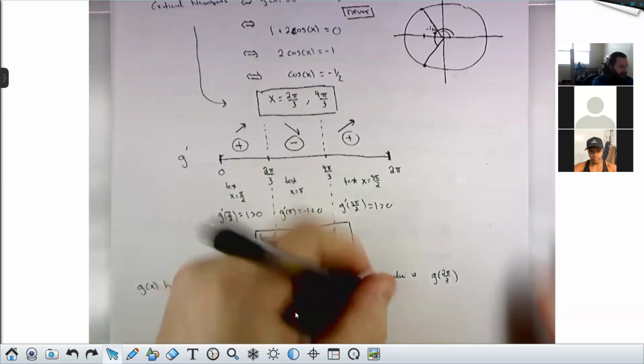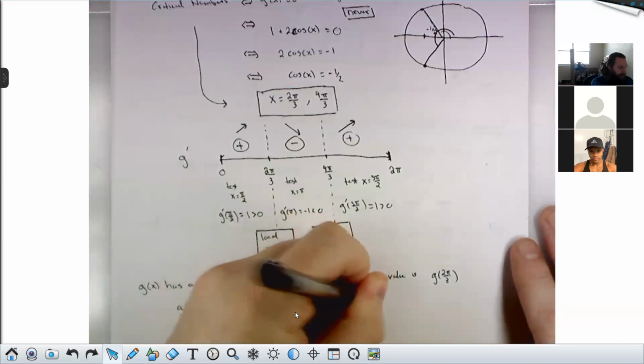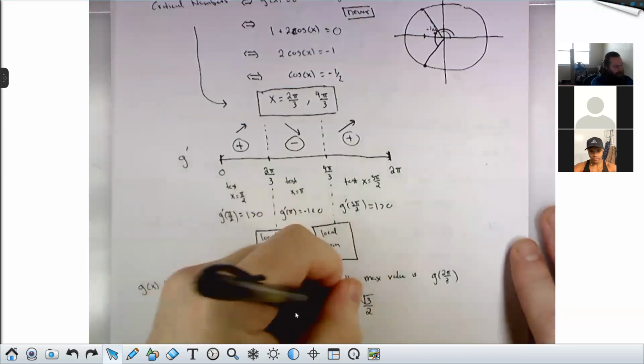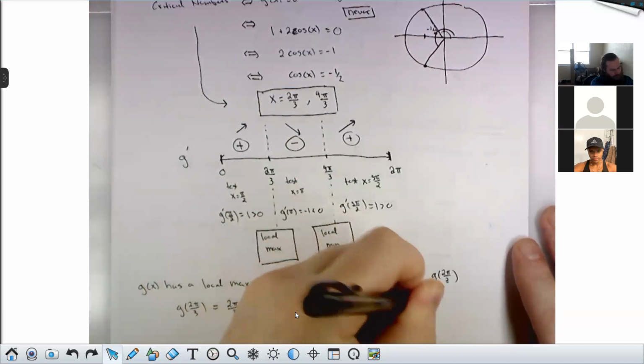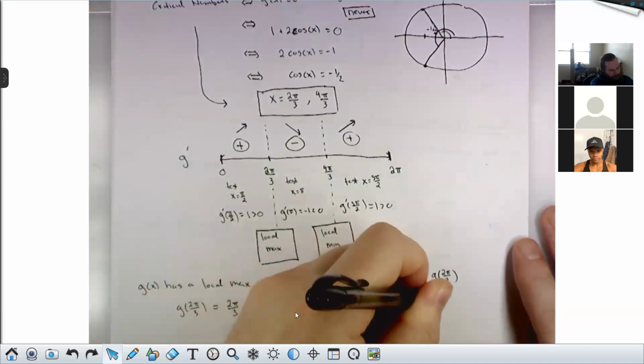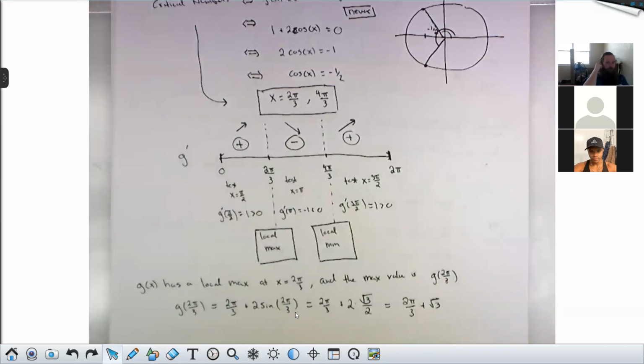Good, root 3 over 2. So we need to know our unit circle. The 2's here can cancel, and you get 2 pi over 3 plus the square root of 3. So we have a local max. Where is the local max? It's at 2 pi over 3. What is the local max? It's 2 pi over 3 plus root 3.